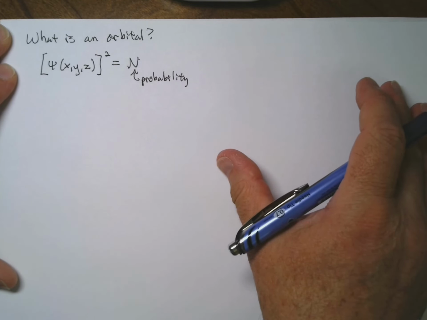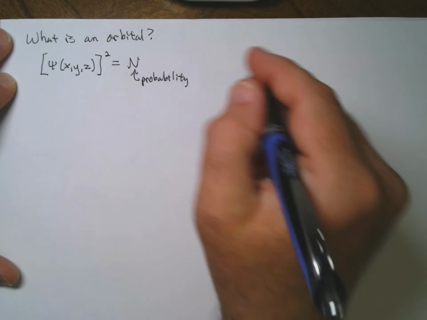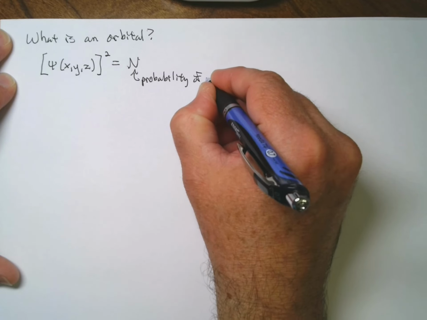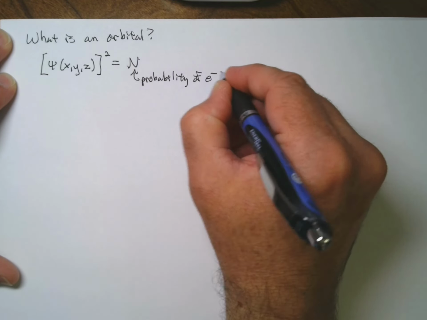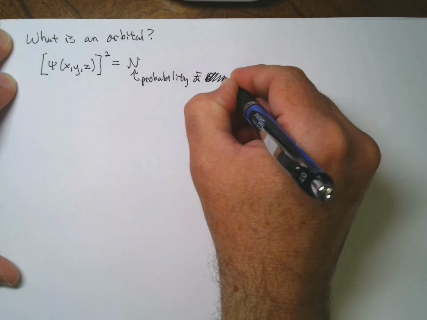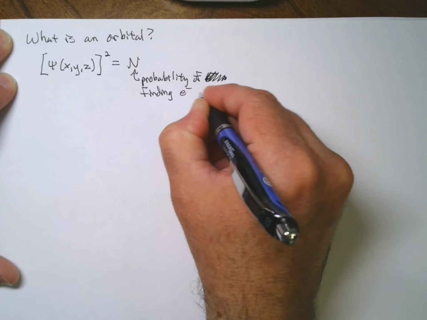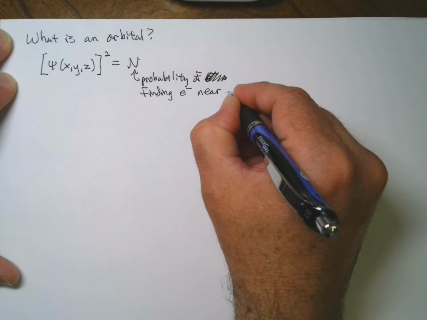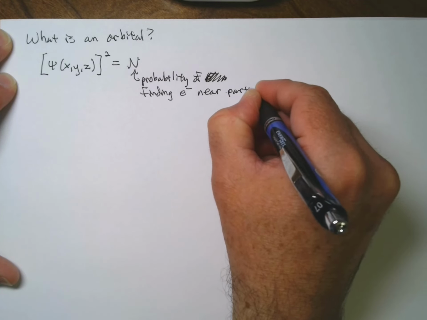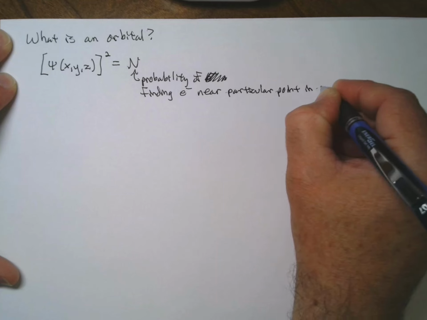And it's the probability of finding the electron near a particular point in space.